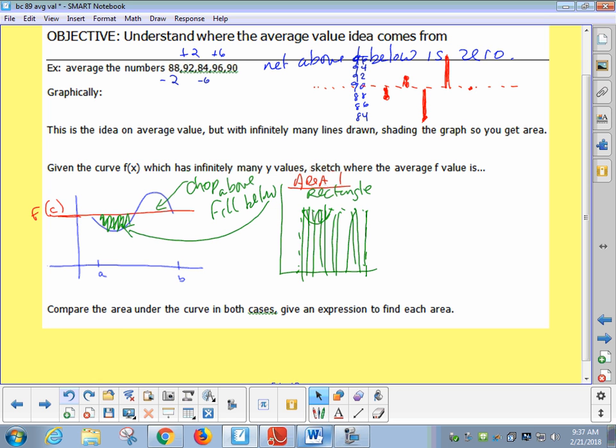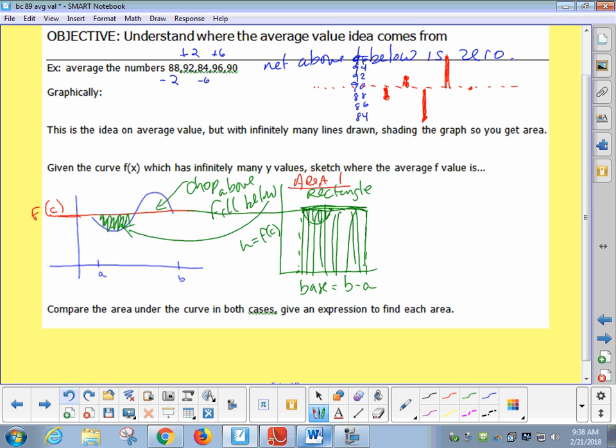Okay? Now that rectangle, what's the base of that rectangle? That gap b minus a, right? Do you agree? Okay. What's the height? F at c. It's that average value you're looking for.